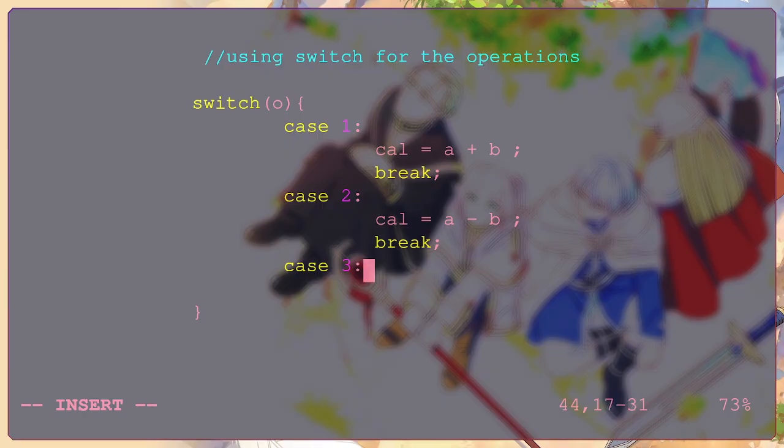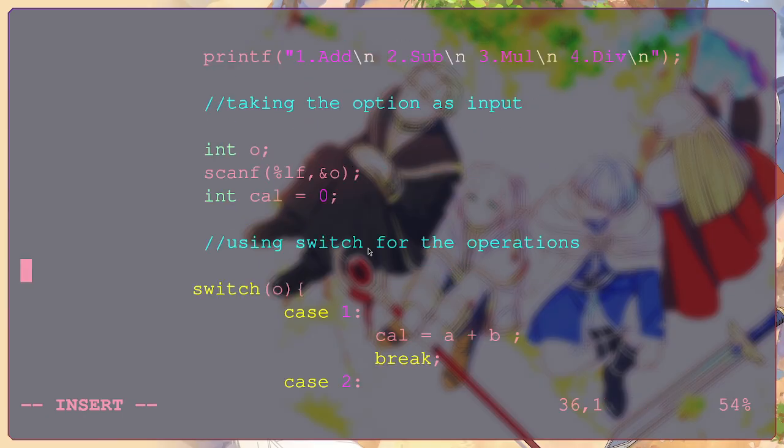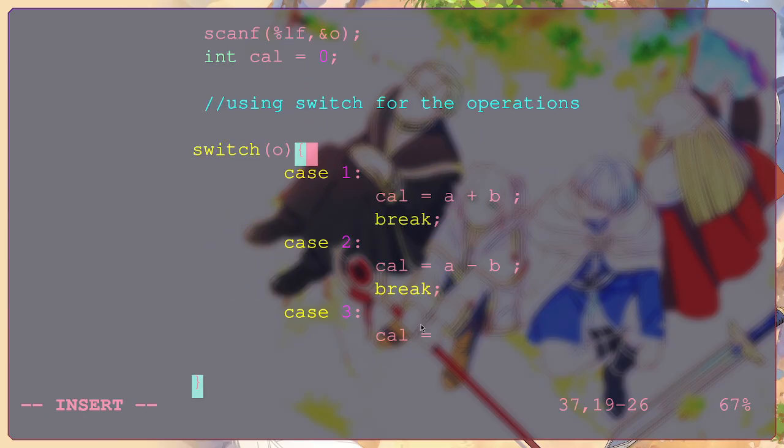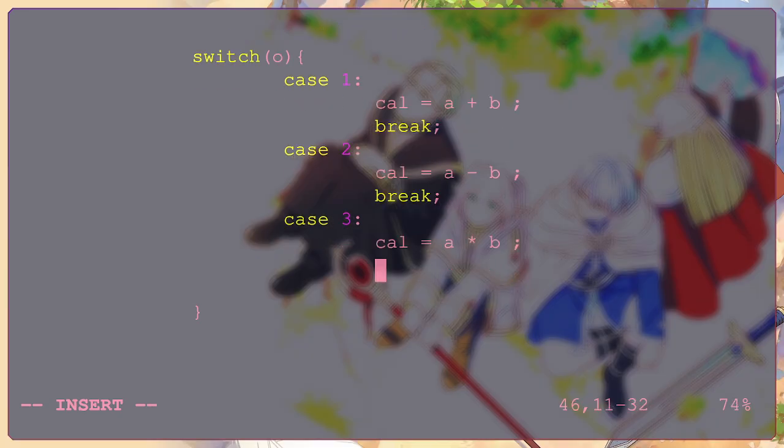Case 3: cal equals a multiply b. What is option 3 for? Multiply, 4 is for divide, a into b, break.